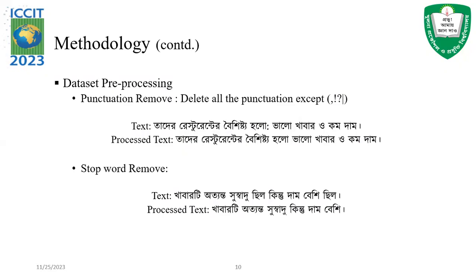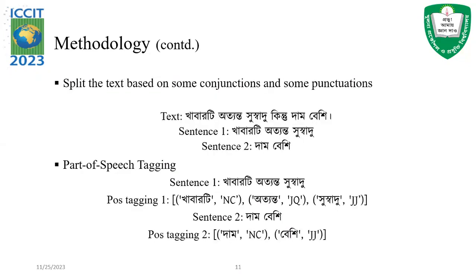Here chilo is a stop word, so we eliminated it from the text. We split the text based on some conjunctions and some punctuation. Here, kintu is a conjunction. We divided the text into two parts based on this conjunction. We performed the POS tagging for each part then.